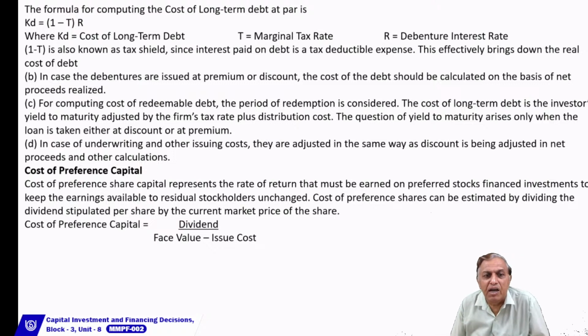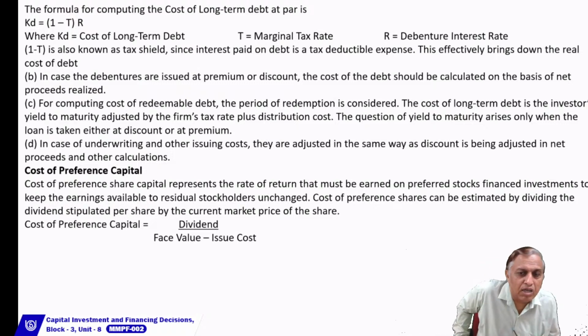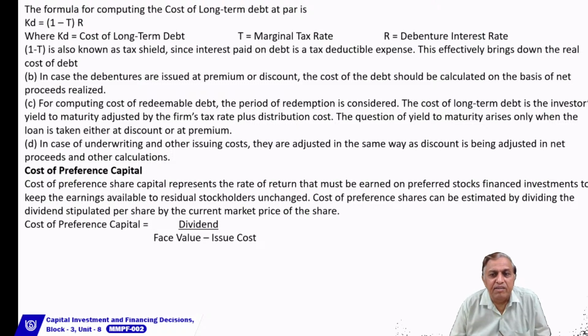The question of yield to maturity arises only when the loan is taken either at discount or at premium. Underwriting and other issuing costs are adjusted in the same way as discount is adjusted in net proceeds and other calculations.